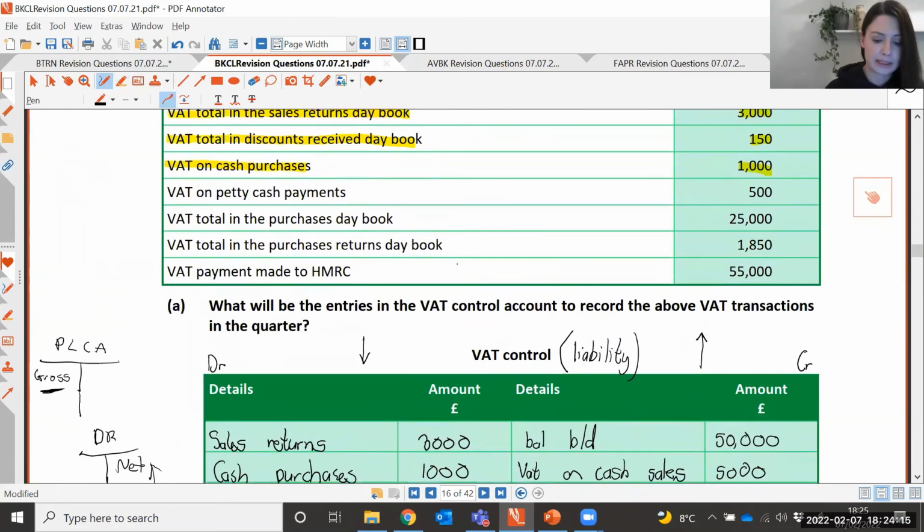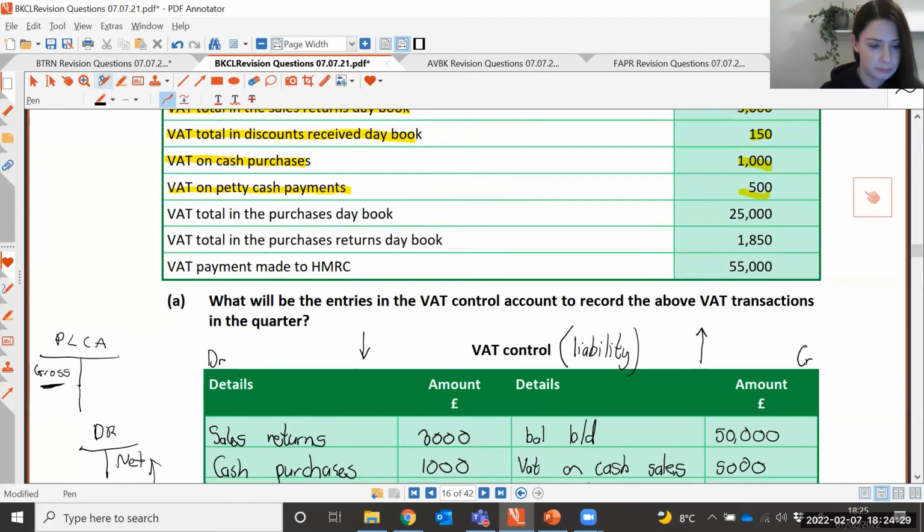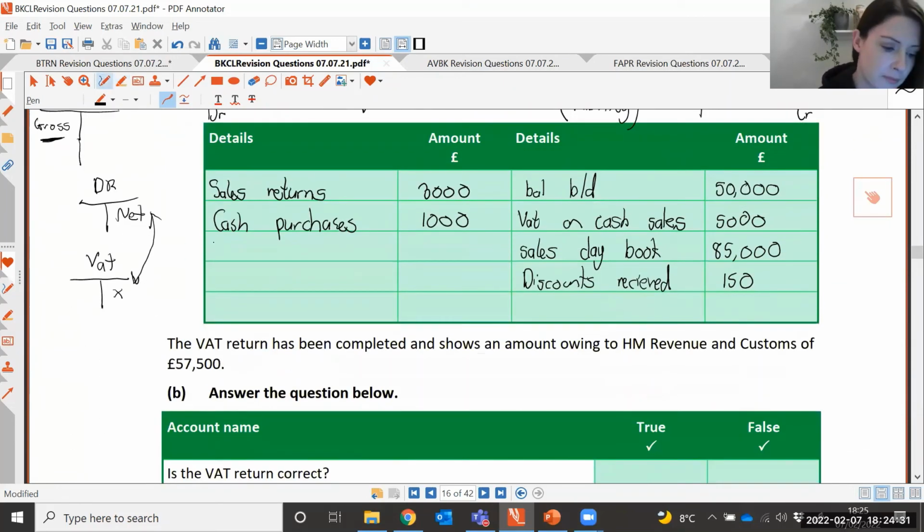Cash payments, yeah, again it'd be a debit, because it's a type of purchase, isn't it? So it'd reduce the liability. £500.